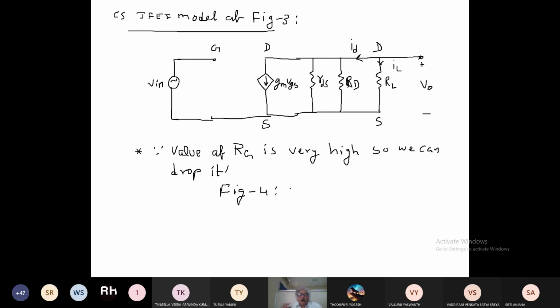So this is the JFET model of figure number 3. This is figure number 4.